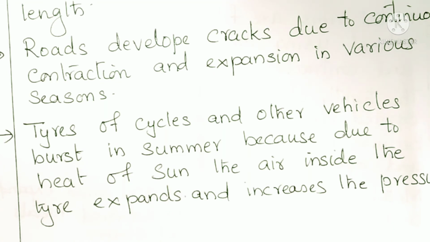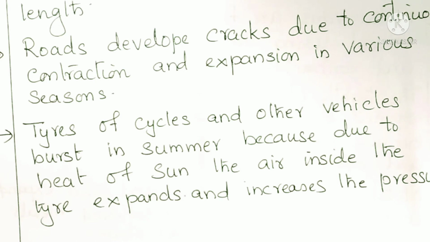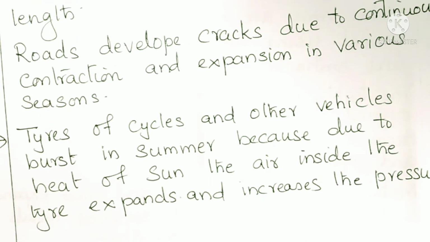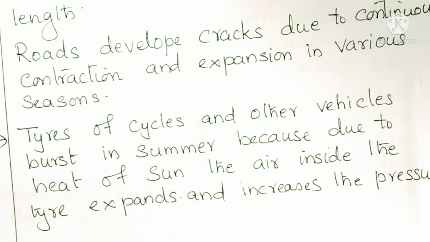Why does it happen? Inside the tire there is air, and due to the heat outside, the air inside will become hot and it will expand. When it expands, it needs more space. When it doesn't get more space, it will apply too much force on the walls of the tire and then the tire blasts.